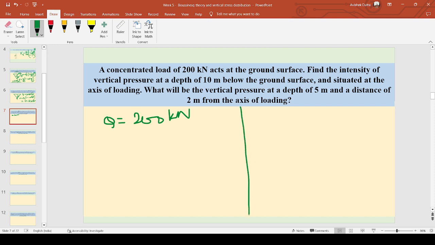In the first part, z equals 10 meter. And in the second part, z equals 5 meter, and the value of r is equal to 2 meter.